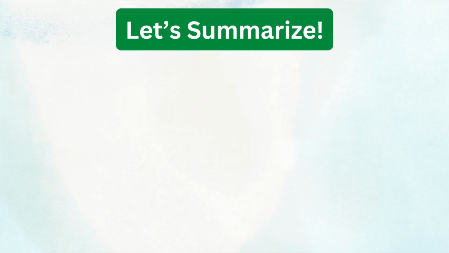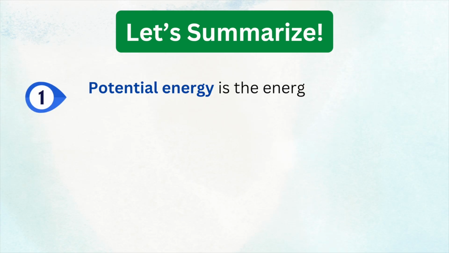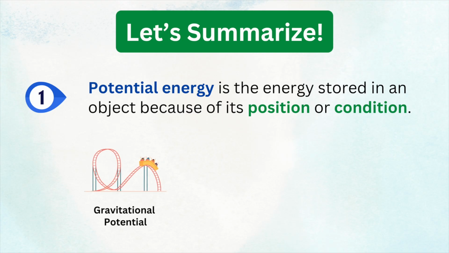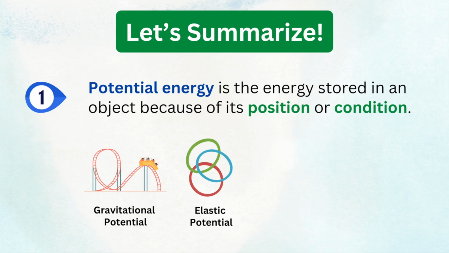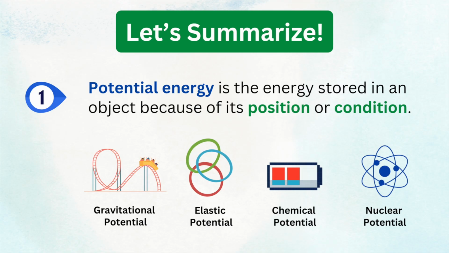So, what have we learned today? In this video, we explored potential energy, the energy stored in an object because of its position or condition. There are different types of potential energy: gravitational, from an object's height above the ground; elastic, from stretching or compressing; chemical, stored in batteries, food, and fuels; nuclear, stored in the nucleus of atoms.